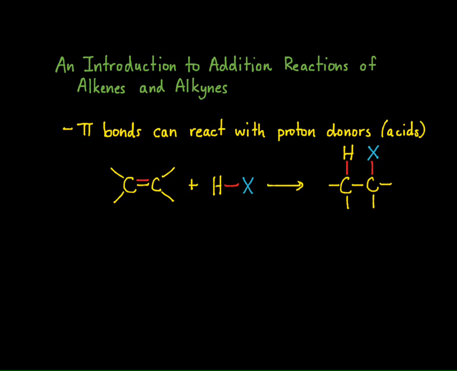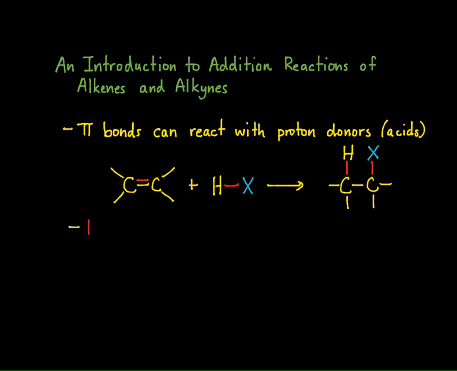And of course, I could be using an alkyne as well, where I'd have two pi bonds, and we'll see the difference between them. But for now, as an introduction, we see a pi bond reacts with HX, and the result is I get a carbon-hydrogen bond and a carbon-halogen bond.